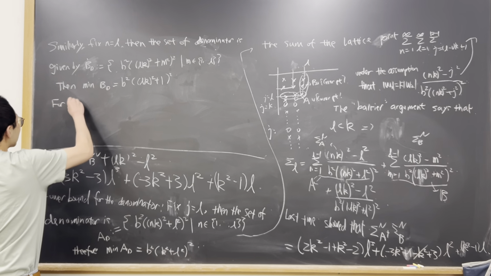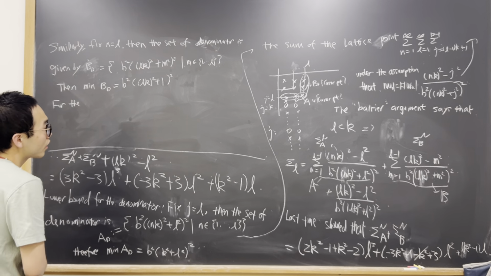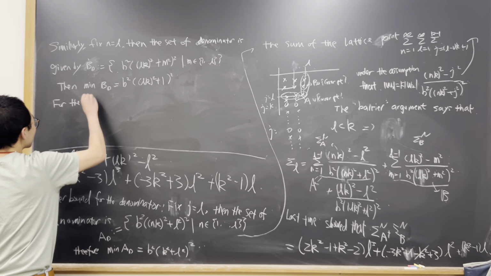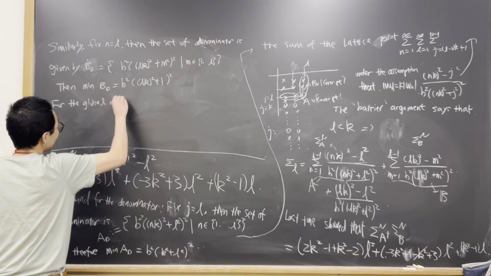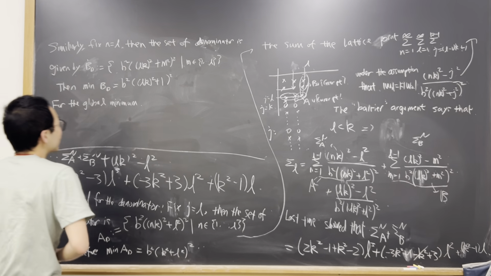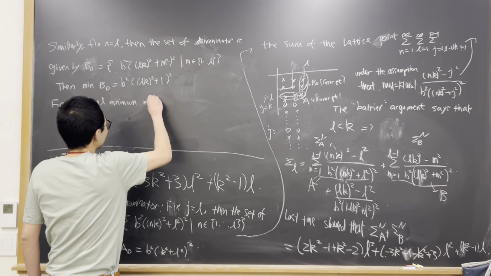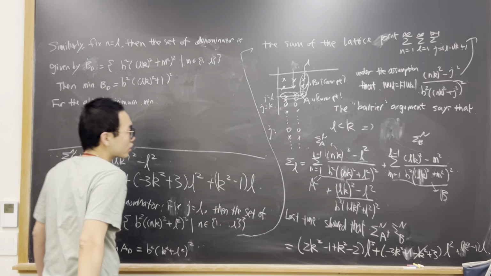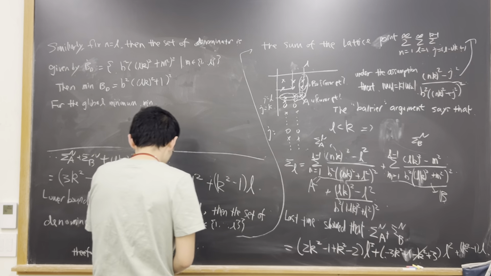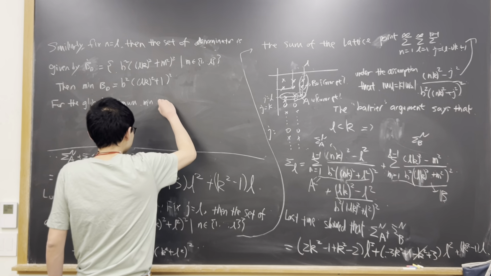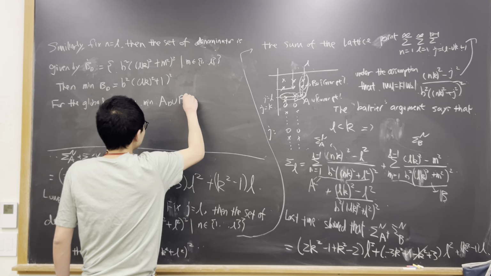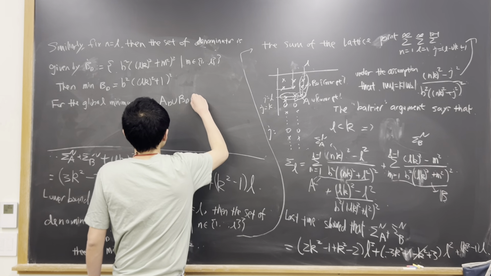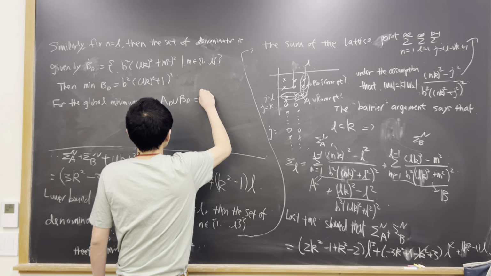So for the global minimum, so the minimum over AD union BD, right? So let's call this LD.